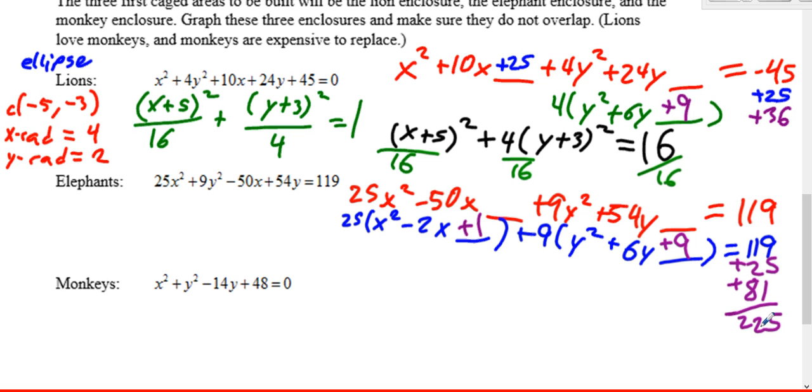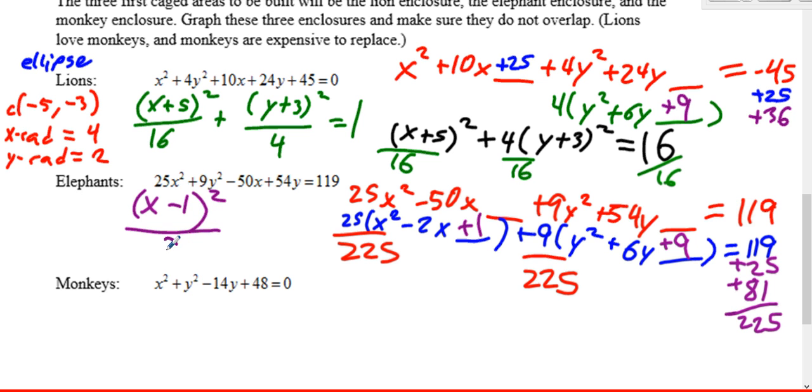Since we said it's an ellipse, that's supposed to be a 1 on that side, so we're going to divide by 225. And you can reduce those. 25 goes into 225 9 times. So our standard form is going to be (x minus 1) squared over 9, because 25 over 225 reduces to 1 over 9.